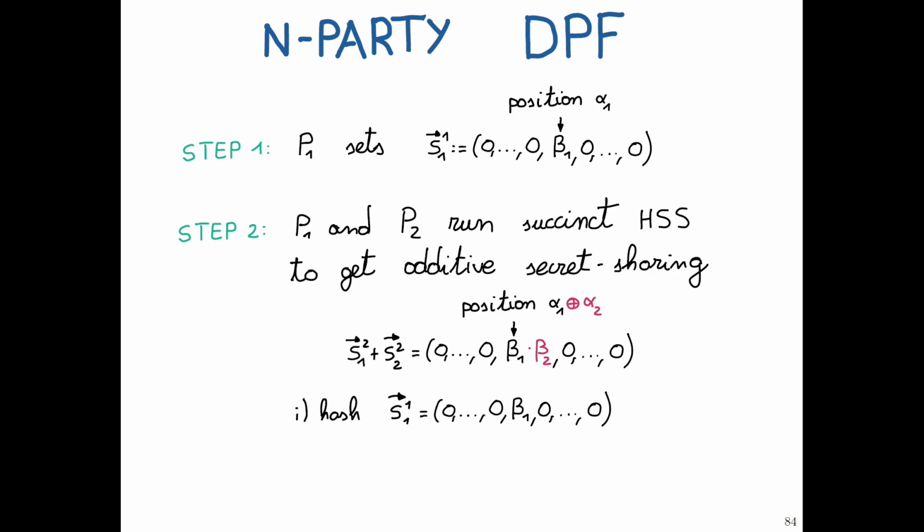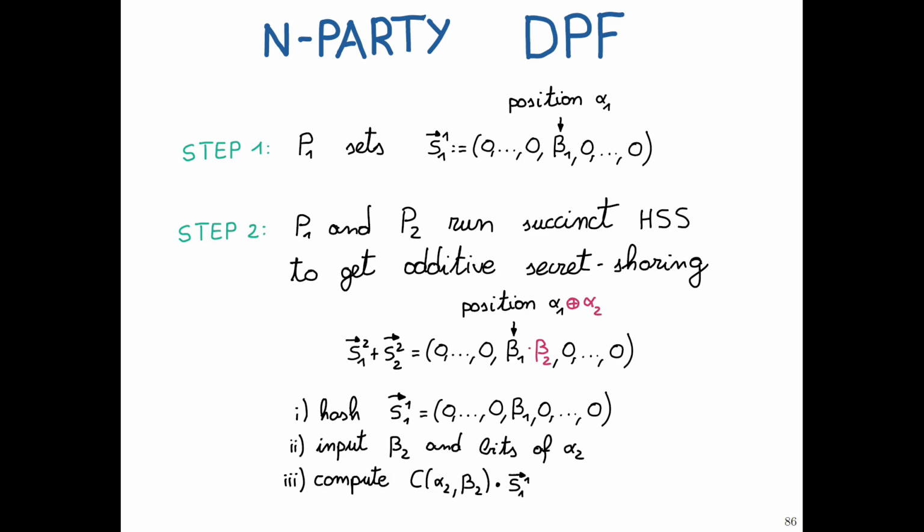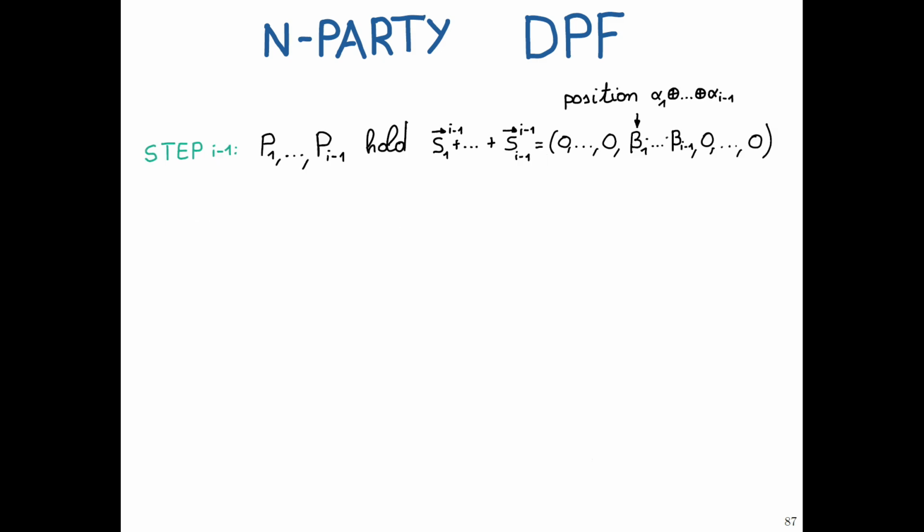So the truth table, again, is only used linearly, so it can be the hashed input, which takes only communication sublinear in that input. The second party's beta and alpha are input normally. It can be nonlinear in those. And then we use succinct HSS to compute the product. So this gives secret shares of this combined DPF for these two parties.